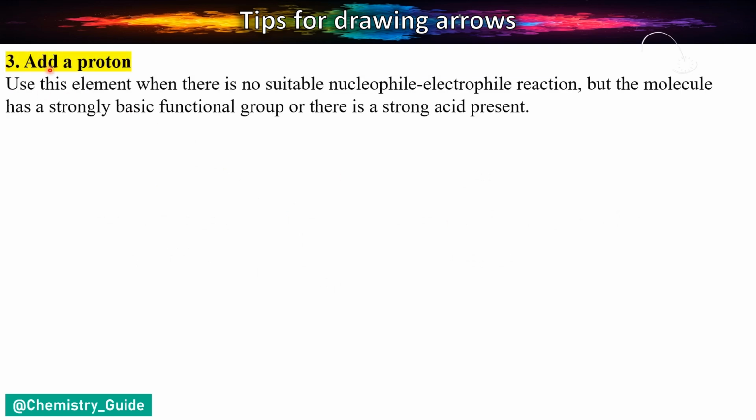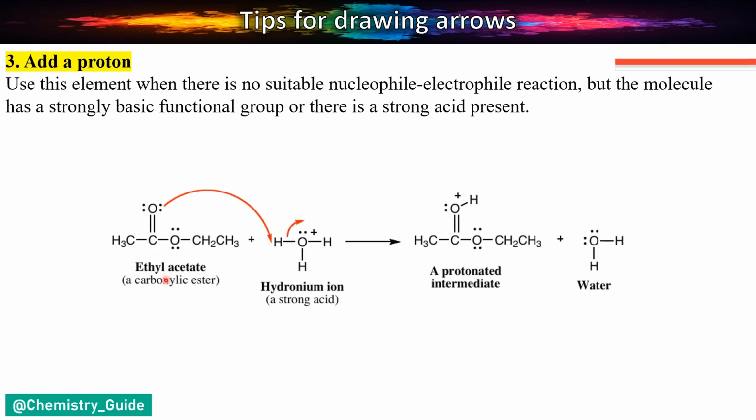The third tip is to add a proton. Use this when there is no suitable electrophile or nucleophile for the reaction, but the molecule has a strongly basic functional group, and when there is an acid present in the reaction. So in this case, we have to add the proton.